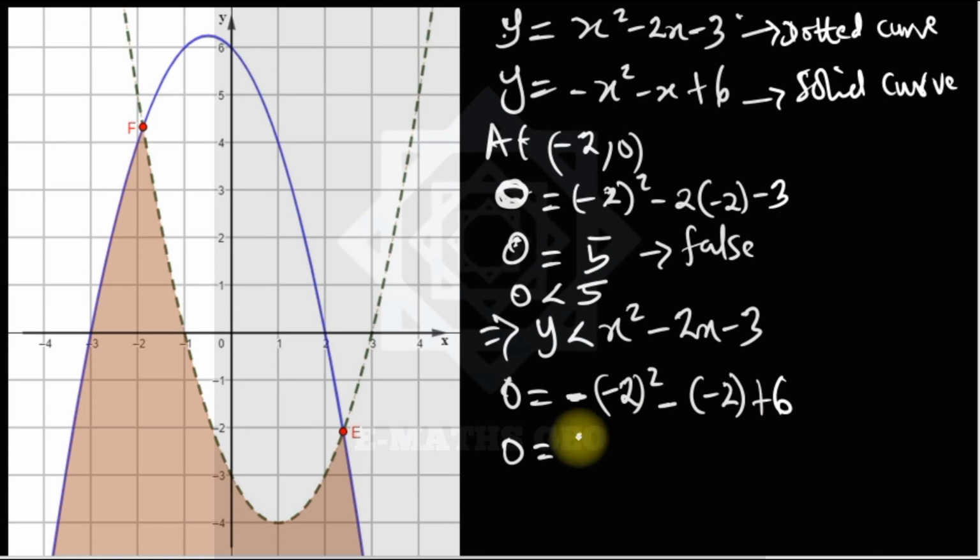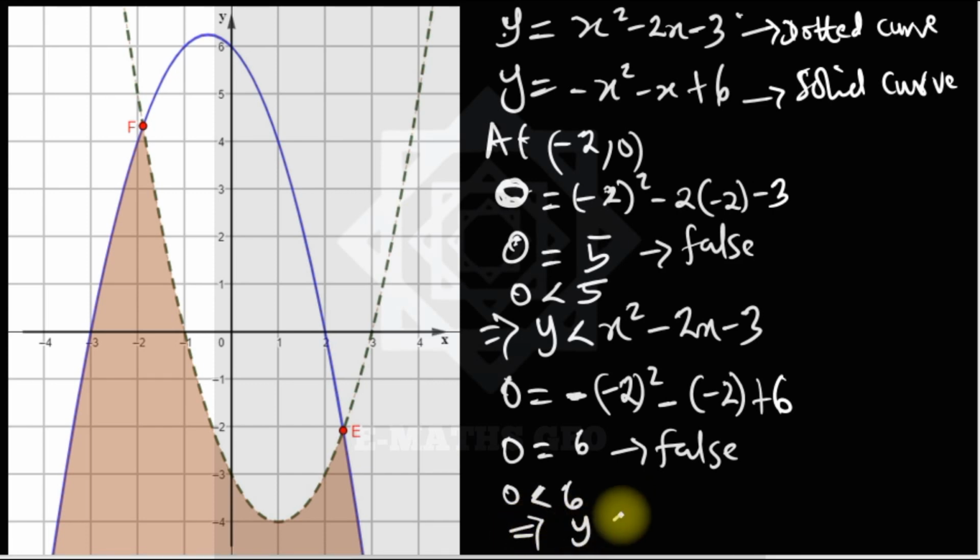So 0 plus 6, we have 6, which is also false. So the best sign is that 0 is less than 6. Yes. Therefore, the curve is now y less than, but as you can see, this is a thick line, so we include it: less than or equal to minus x squared minus x plus 6.